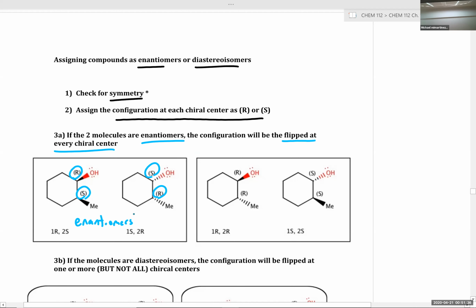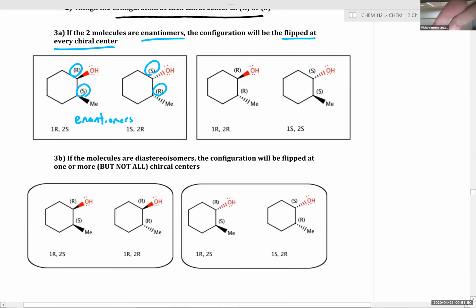And of course, where are we getting these R and S assignments from? We build the model and we use the configuration assignment rules that we talked about in previous lecture. So if the molecules are diastereoisomers, the configuration will be flipped at one or more, but not all of our chiral centers.